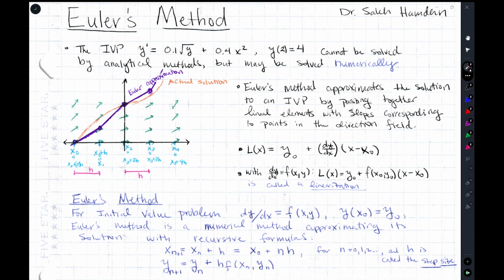We're going to describe a numerical method now, and it's called Euler's method, okay? And so let's take a look at this differential equation here. y prime is equal to 0.1 square root of y plus 0.4 x squared. And it's an initial value problem, so we have y of 2 equals 4.